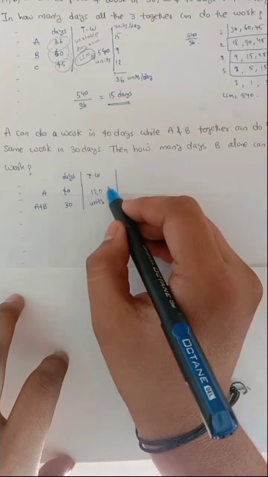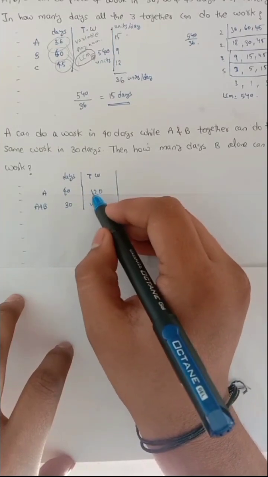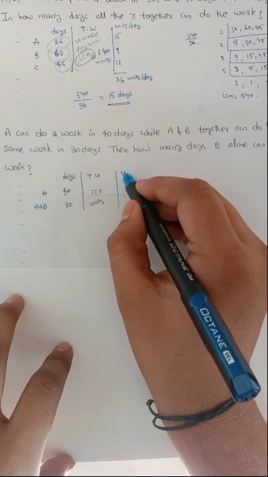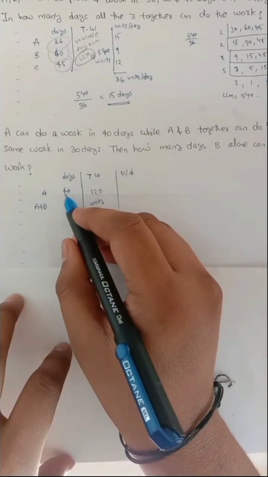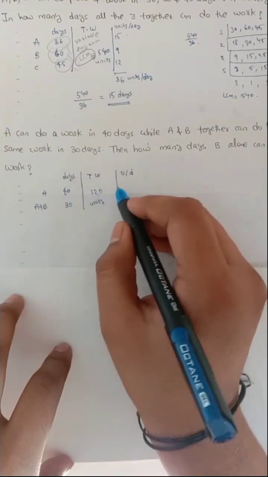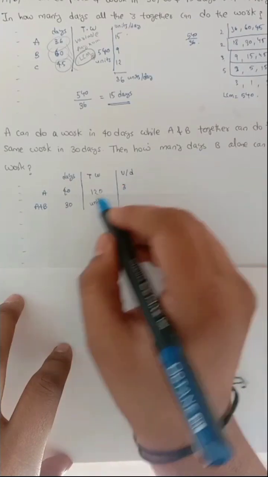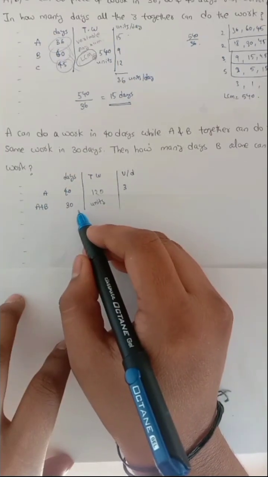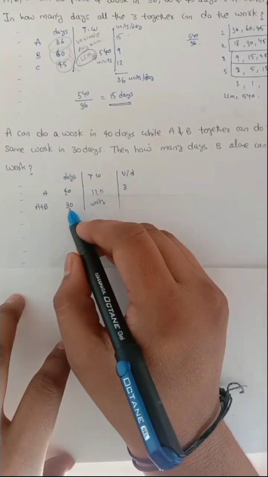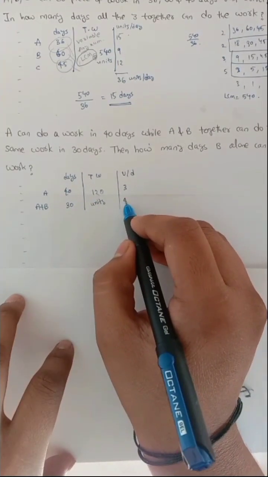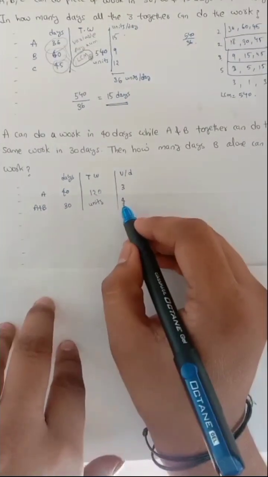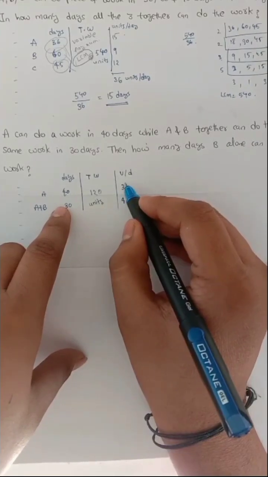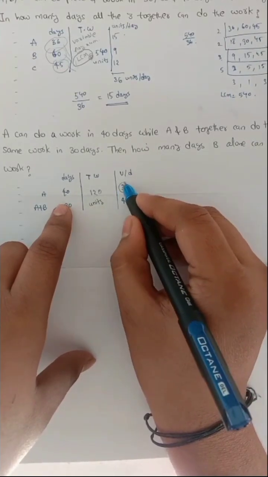So these 120 units A can do in 40 days. Means unit per day is 120 divided by 40, which gives us 3 units per day. And A and B together can do it in 30 days. Then 120 by 30 gives 4 units per day. See here, A alone can do only 3 units per day.